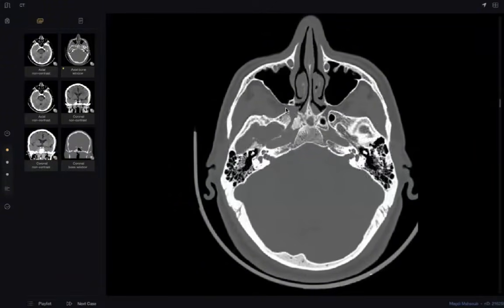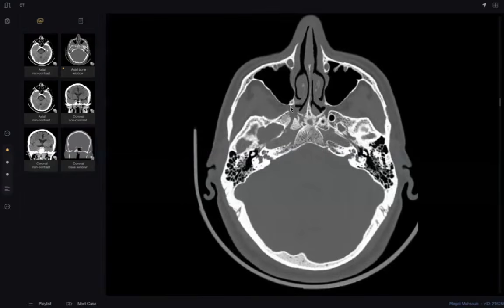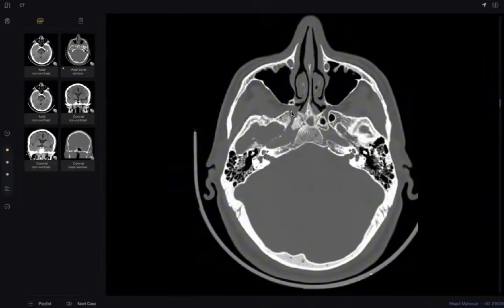What is the name of this bony boundary? This is the pterygoid. So there are a fissure and a fossa here, the pterygomaxillary fissure and then the fossa. There is widening here due to soft tissue.